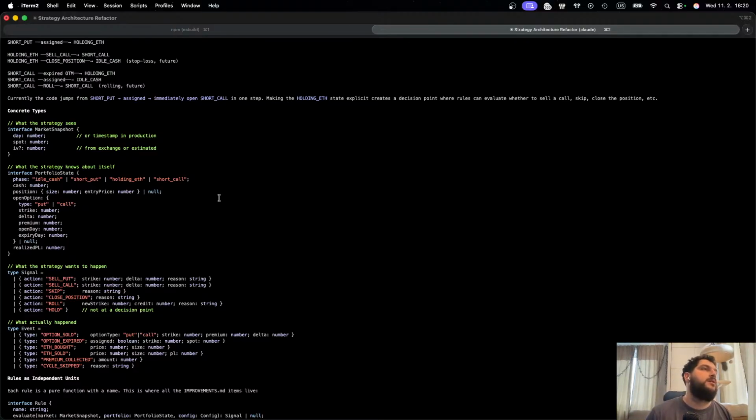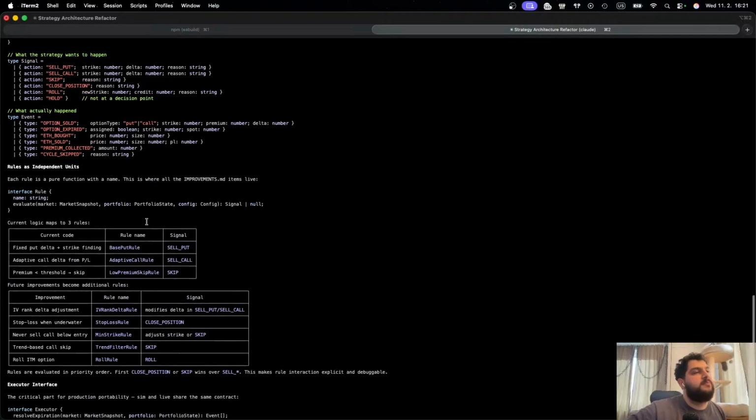Cash number, position, size, entry price, open position, open option. Rules are independent units.